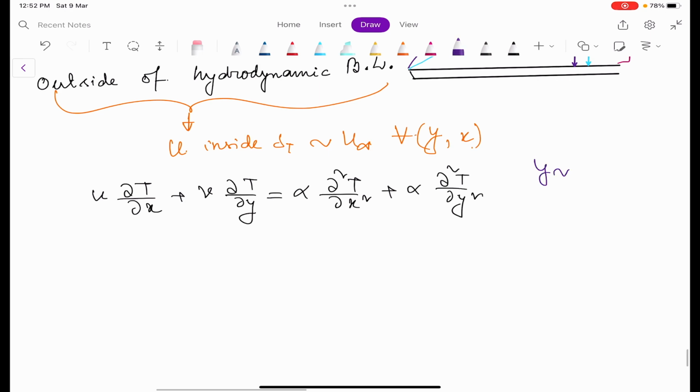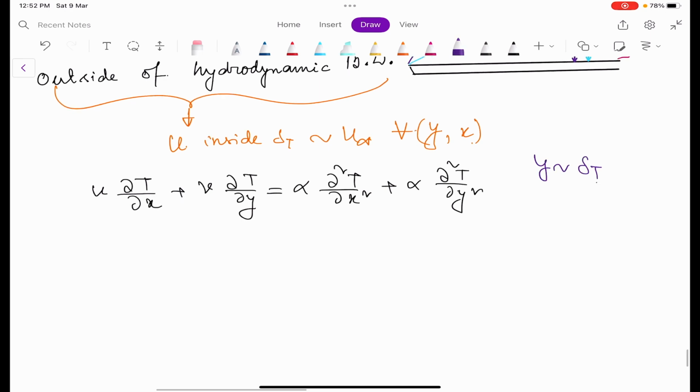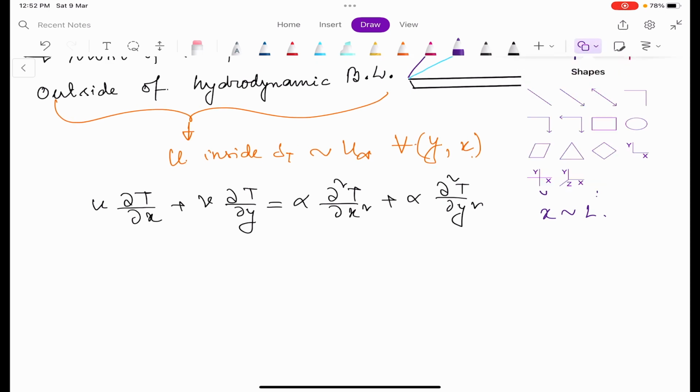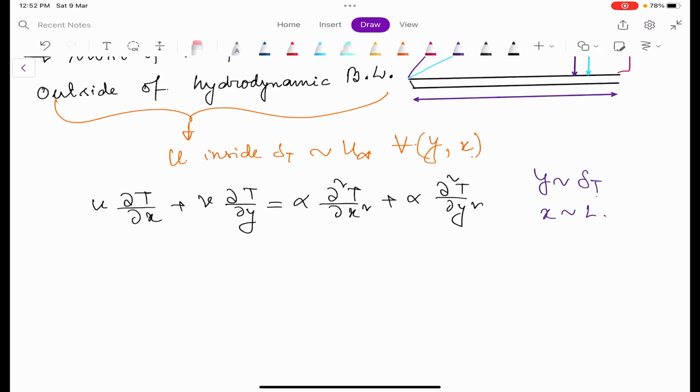That will be here delta t, not delta, because we are analyzing the thermal boundary layer, not the hydrodynamic one. And x will have the range of L, if the length of the plate is L. And then let us say that T is some Tc, some characteristic temperature that we don't know.